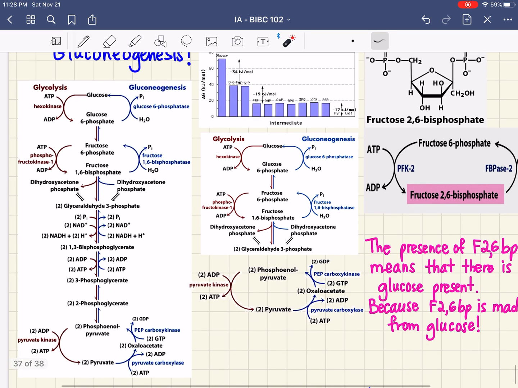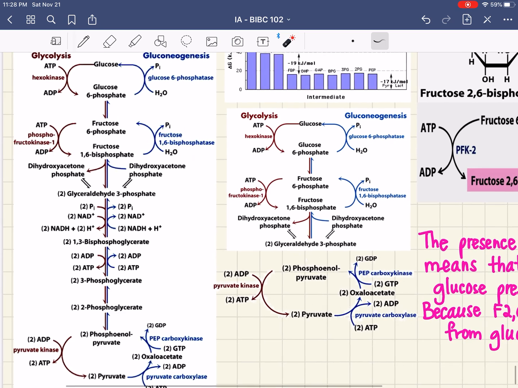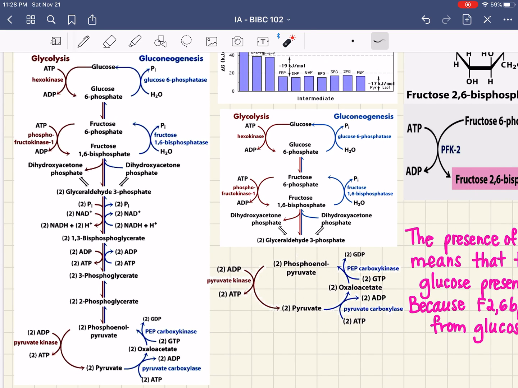So let's review glycolysis very quickly, and then we'll talk about the energetics of glycolysis, and then we'll talk about gluconeogenesis. So in glycolysis, we take glucose and we break it down all the way to pyruvate. And as you remember, there are 3 steps that are big energy drops.